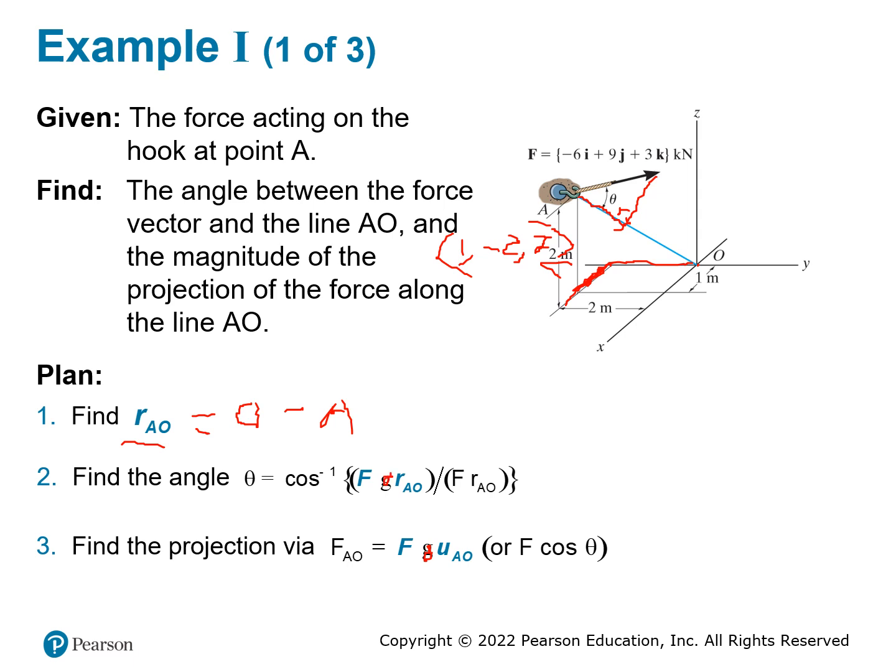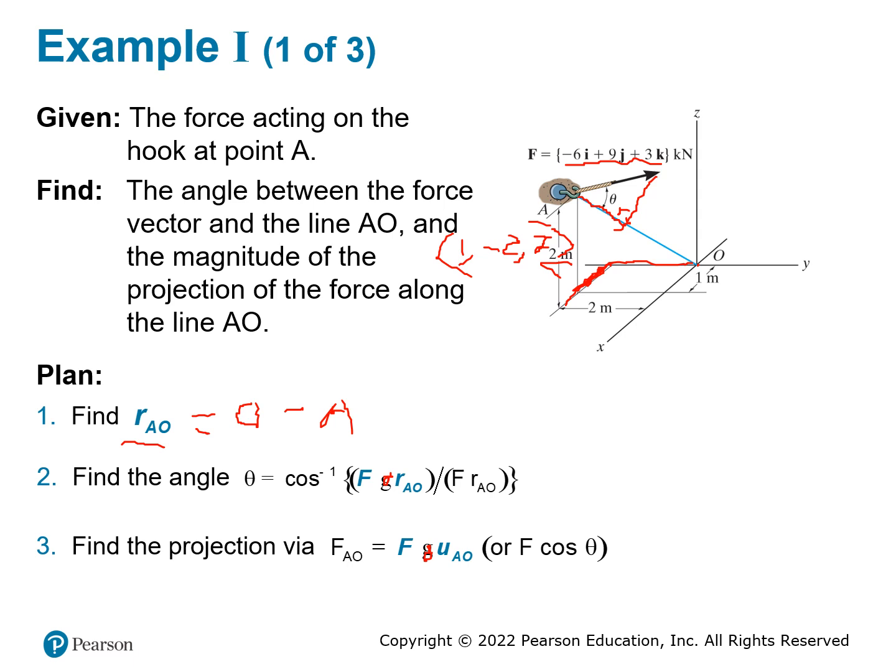So the angle is going to be arccosine of F dot r_AO divided by the magnitude of F times the magnitude of r_AO. How do you find the magnitude of F? You take negative 6,000 squared plus 9,000 squared plus 3,000 squared, and the square root of the sum of these three.